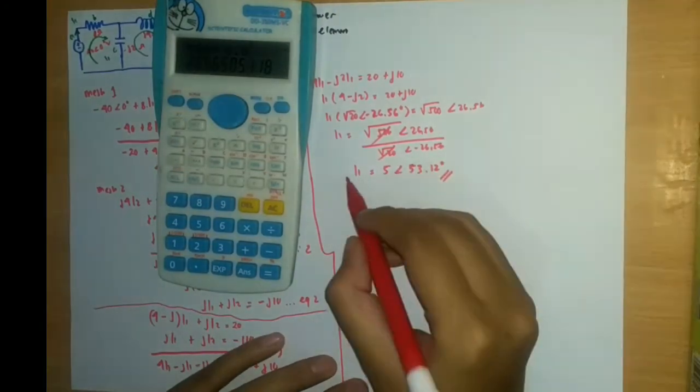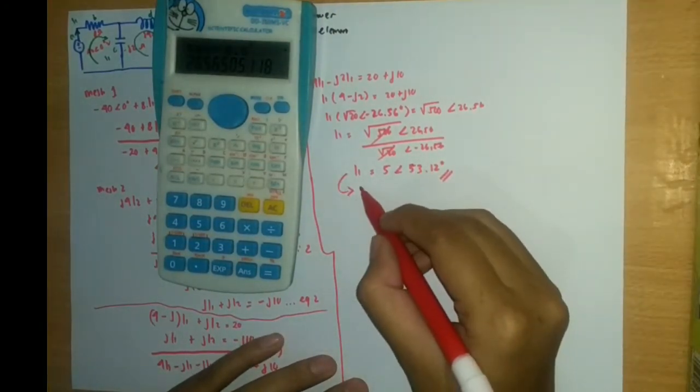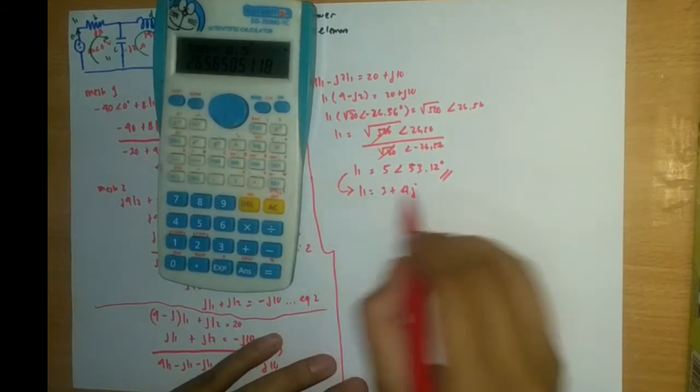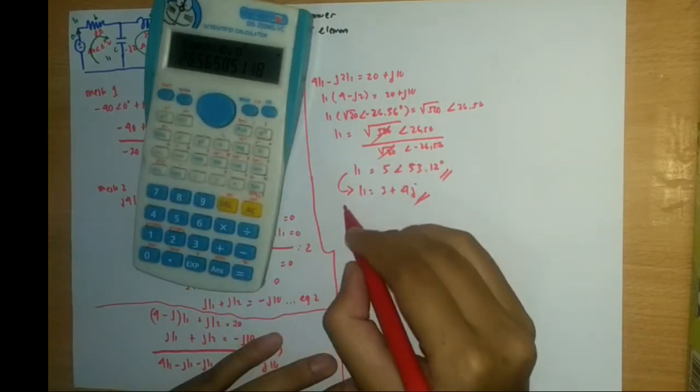We can make it into a compact form, and we got I1 is 3 plus j4. This is the I1. Now we find the I2.